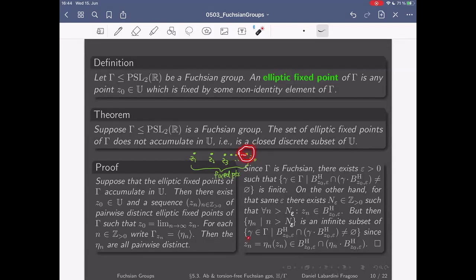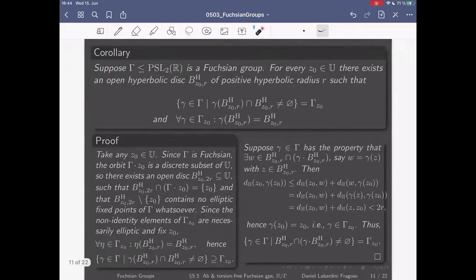So now we actually get infinitely many distinct elements for which the intersection is non-empty. And so that gives a contradiction. Okay, so now we know that the set of fixed points is discrete.